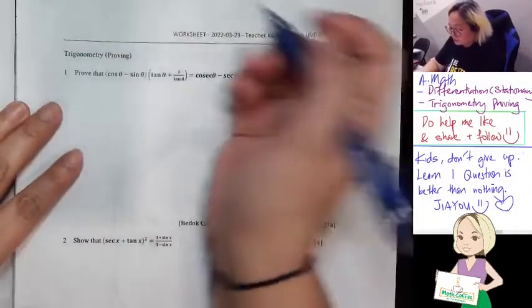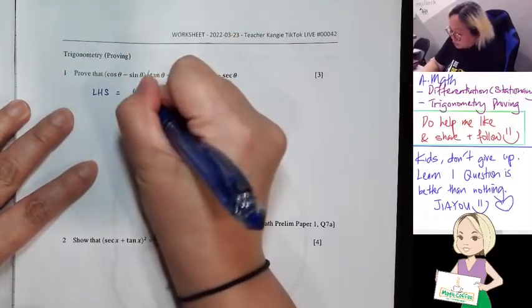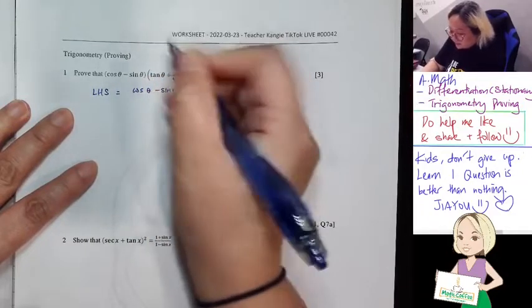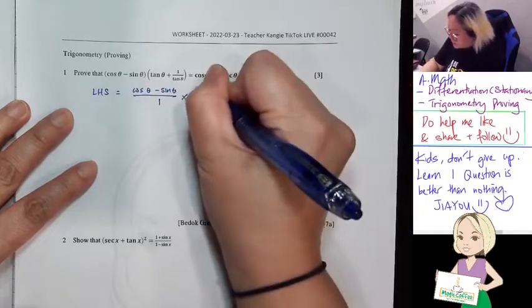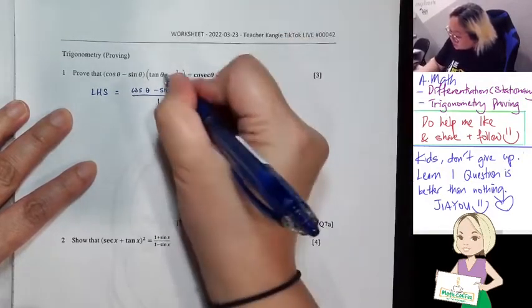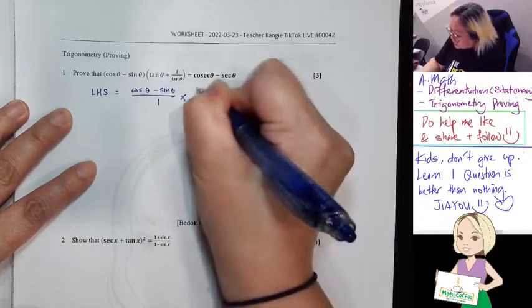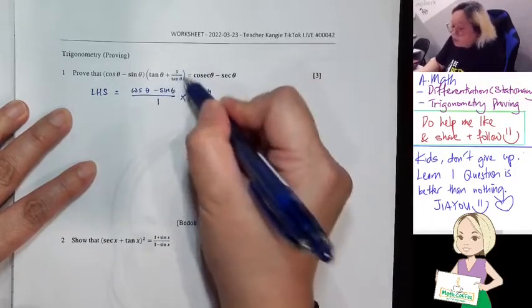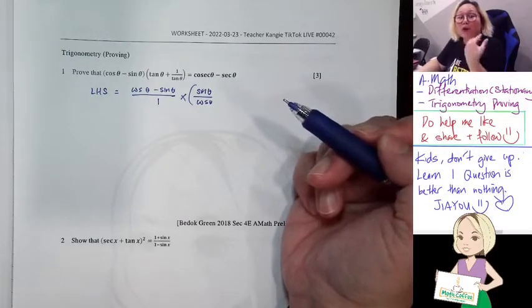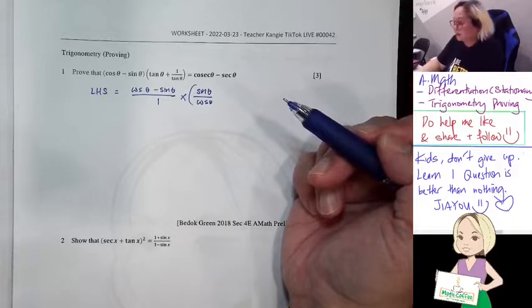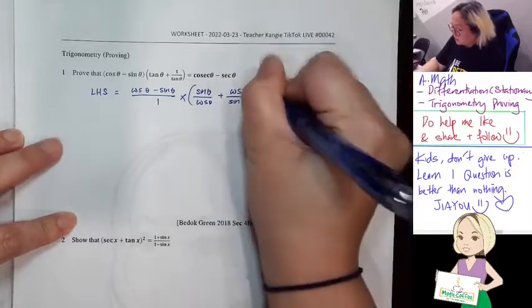So left hand side equals cosine theta minus sine theta over 1, multiplied by, I'll use brackets, tangent theta, which I will change to sine theta over cosine theta. 1 over tangent theta is actually cotangent theta, and cotangent theta is cosine theta over sine theta. So this is plus cosine theta over sine theta.